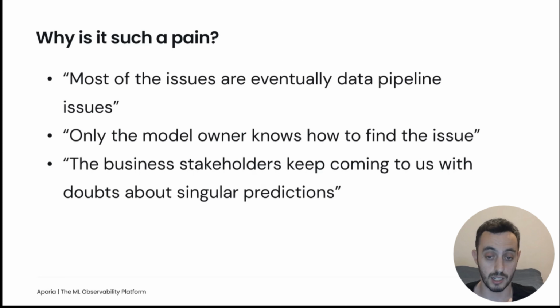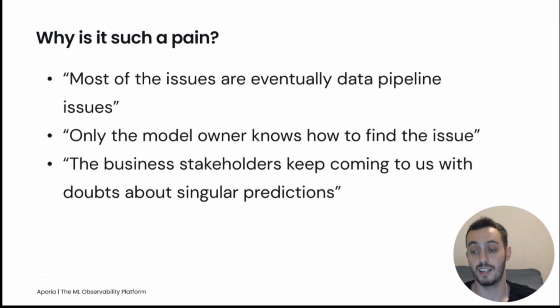And maybe the last quote, I guess that's maybe the most interesting one. The business stakeholders keep coming to us with doubts about predictions. So the way that you are even becoming aware of the issues is because business stakeholders are coming to you with potential issues.